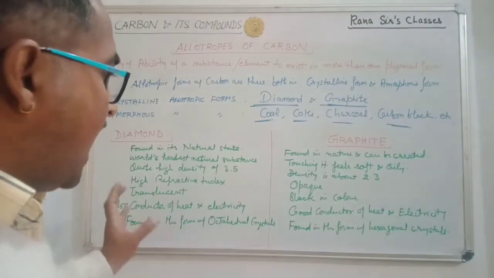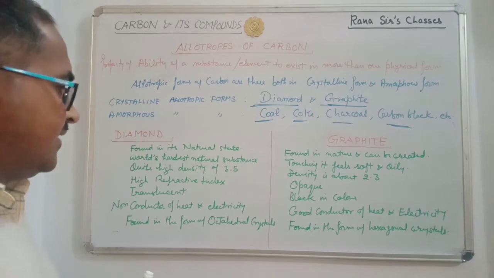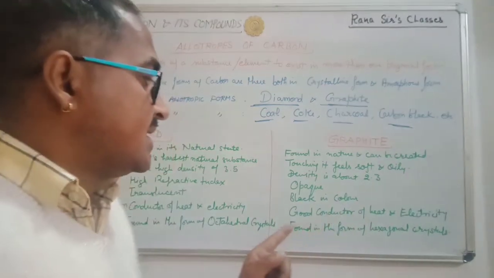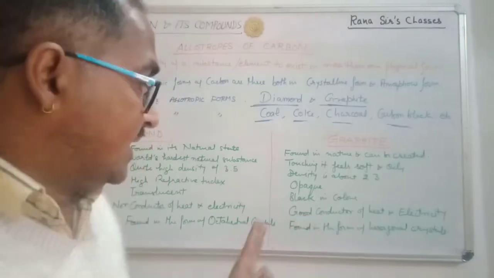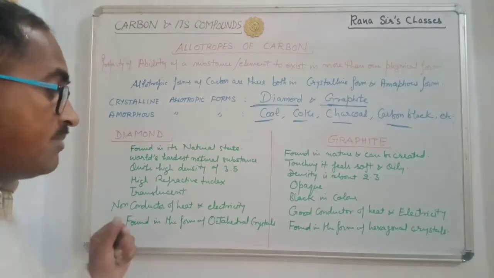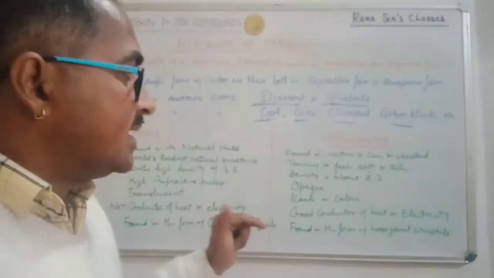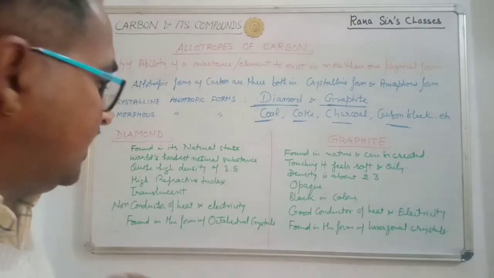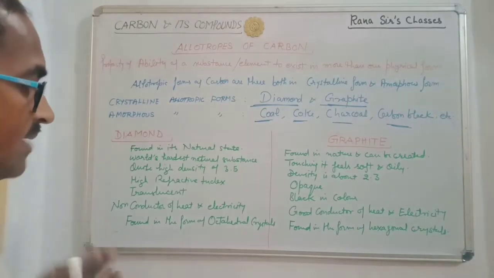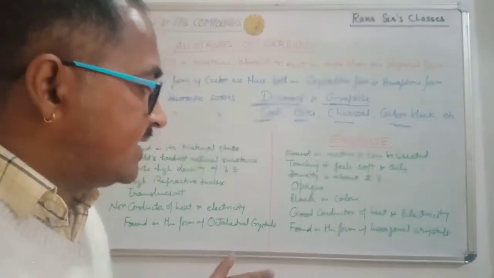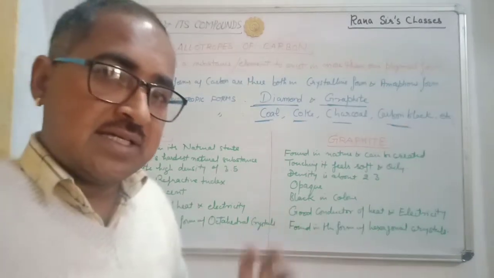Diamond has a high refractive index and it is translucent, but graphite is opaque and black in color. Diamond is a non-conductor of heat and electricity, but graphite is a good conductor of heat and electricity. Diamond is found in the shape of octahedral crystals, but graphite is found in hexagonal crystal shape.